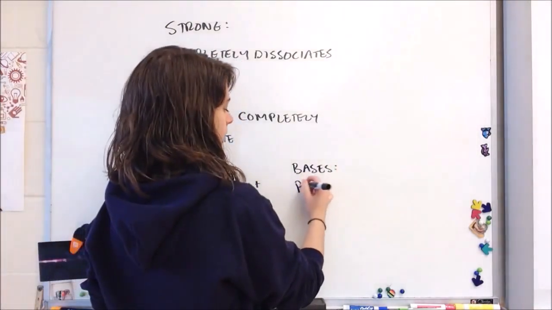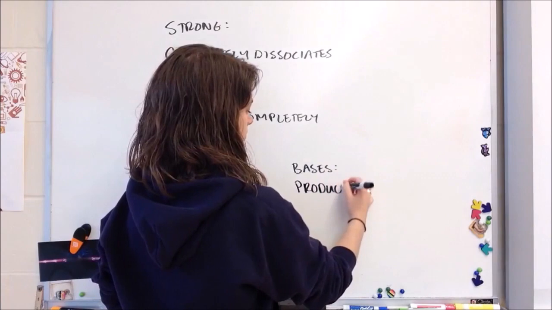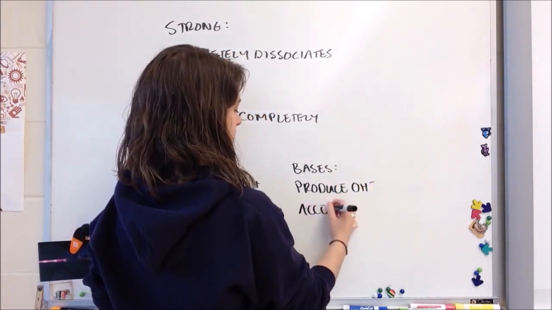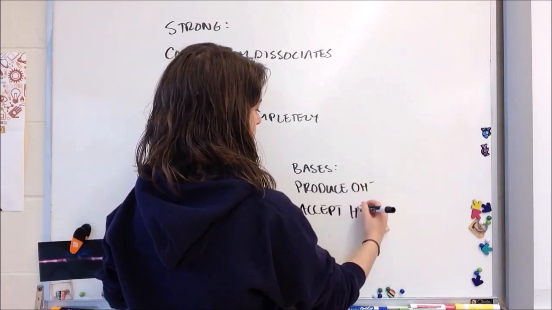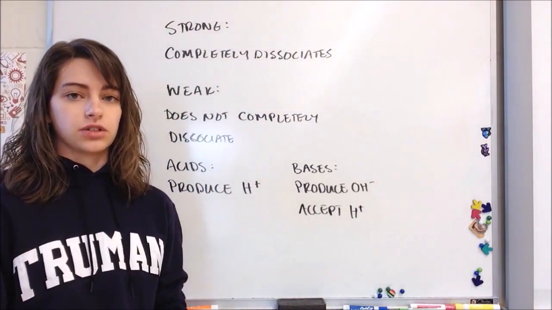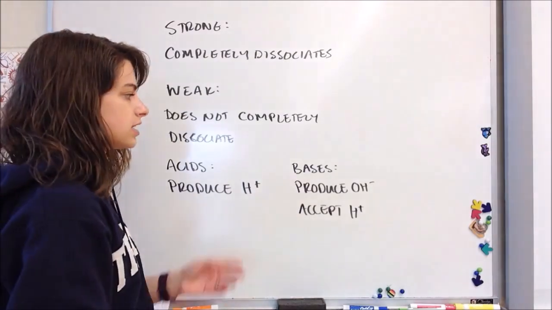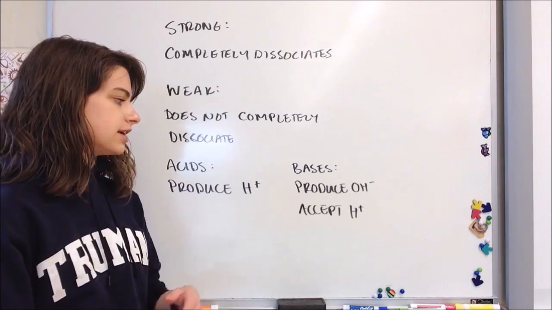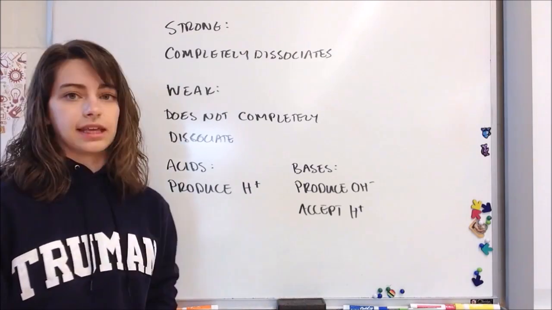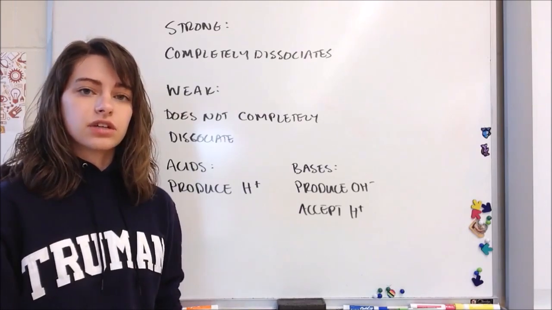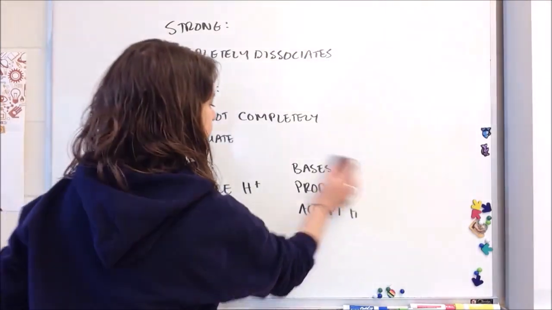It's going to produce OH minus ions, or it can accept H plus. So no matter what, an acid is going to donate an H plus, so you're going to see an H plus ion floating around. With a base, you're either going to see OH minus ions floating around, or you're going to see that they accept H pluses, or hydrogen ions. So let's look at a couple of examples.